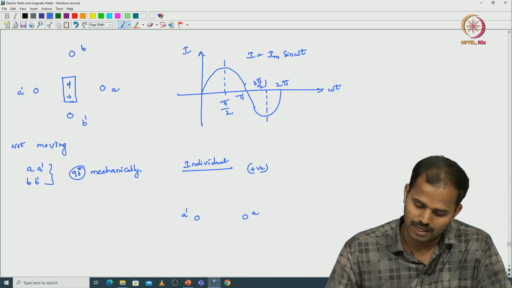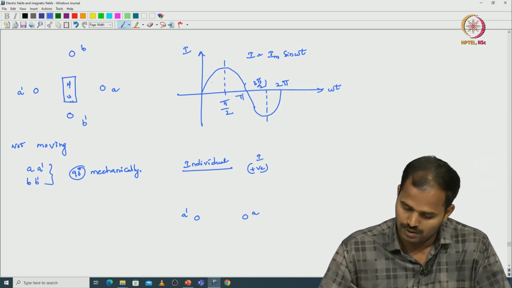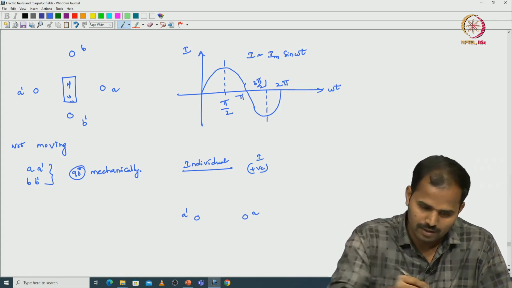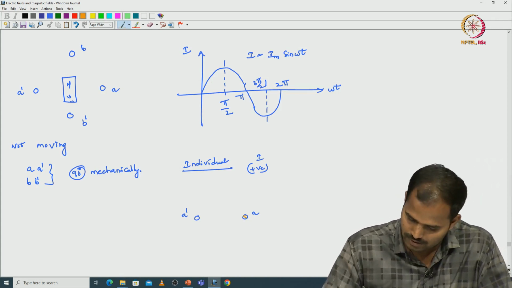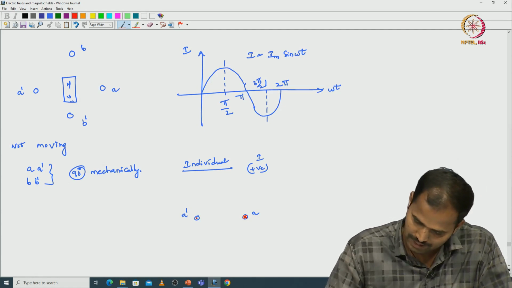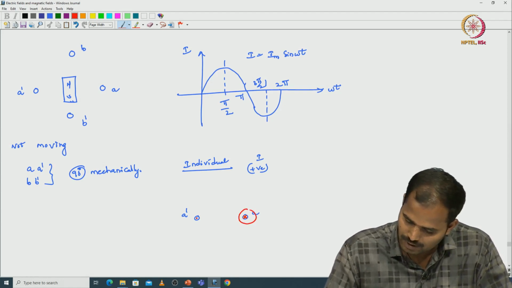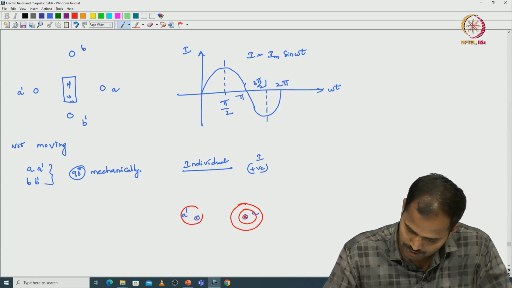So, with respect to the A and A dash coil, I am assuming positive current. With respect to A there is a cross, and with respect to A dash there is a dot, and by applying the thumb rule we can find the loops in this manner.